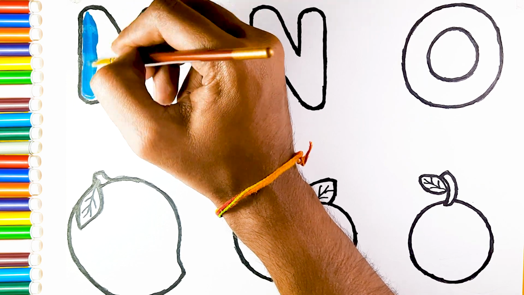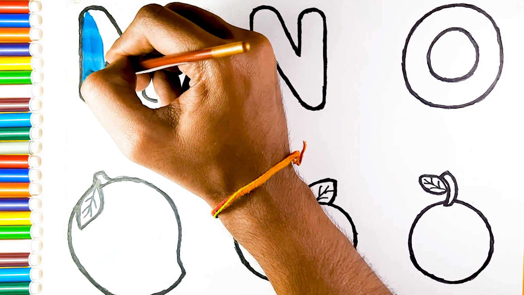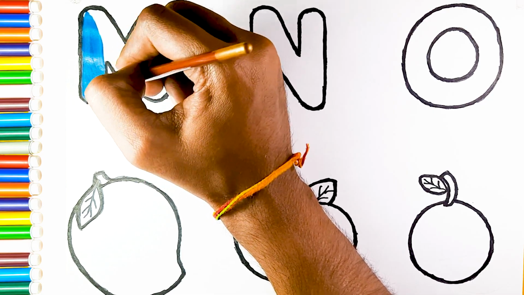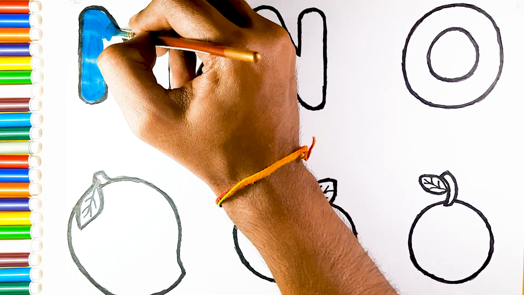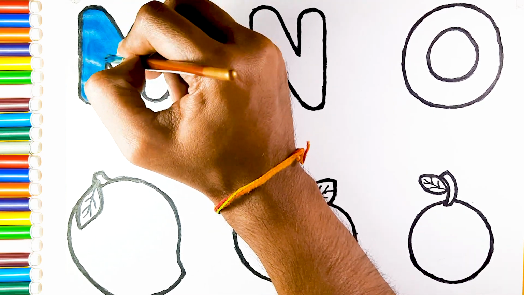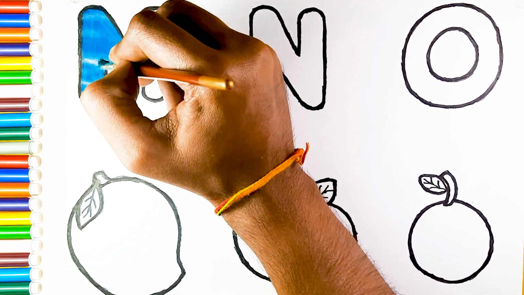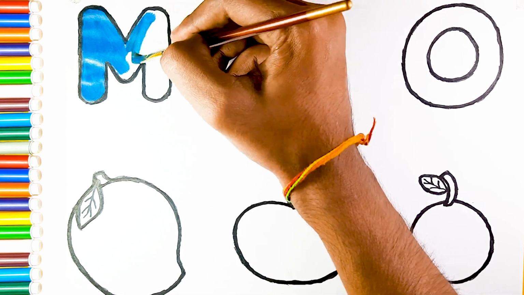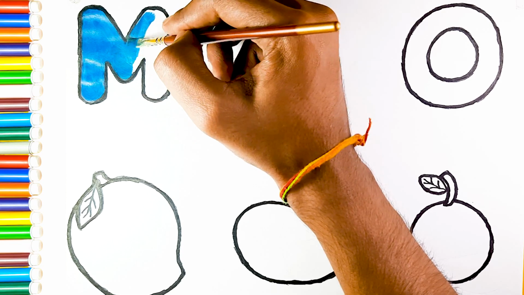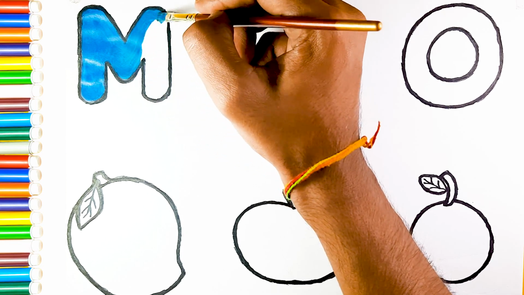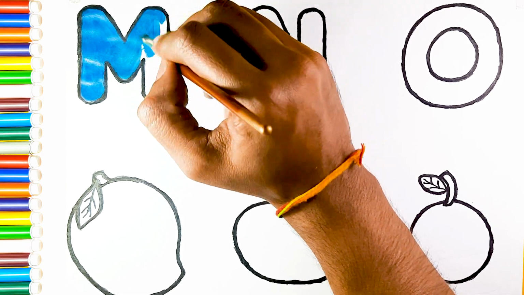Let's have color in alphabets and fruits. First alphabet is M. In this alphabet I am using sky blue color.